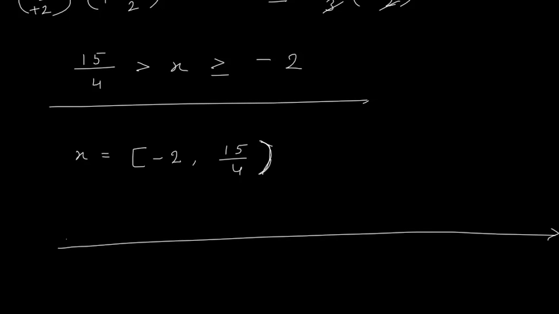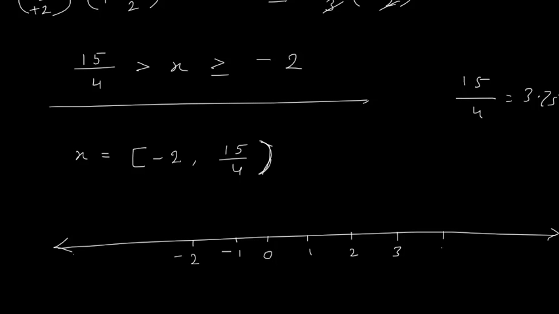So this is my number line. On number line, here we have 0, here we have minus 1, here we have minus 2, here we have plus 1, plus 2, plus 3. Now 15 by 4, so 4 3s are 12. 15 divided by 4, 4 3s are 12, remainder 3, 4 7s are 28, 4 5s are 3.75.